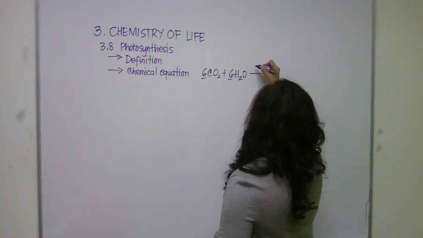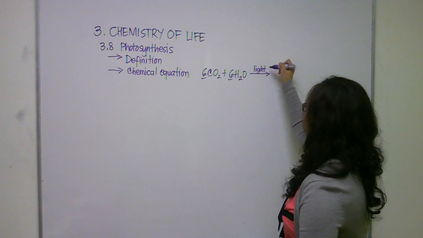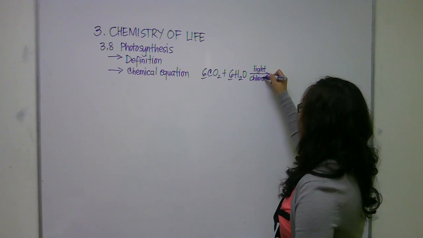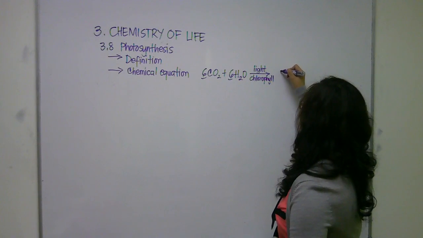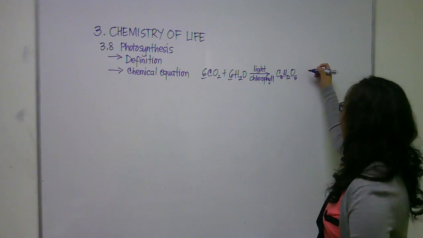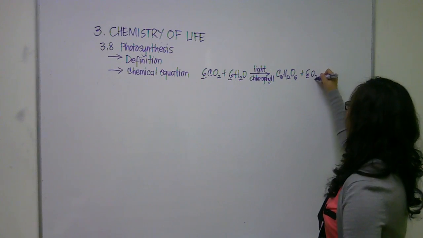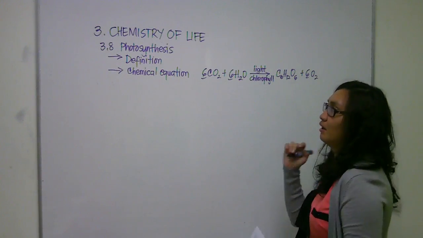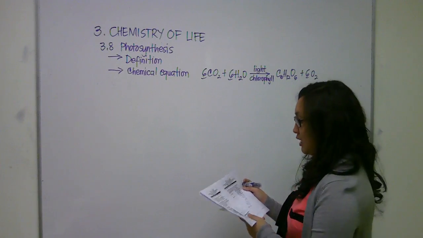Whenever the light energy is absorbed by the pigment chlorophyll, it is able to convert them into glucose and 6 molecules of oxygen. Okay, so it's basically the opposite of cellular respiration.